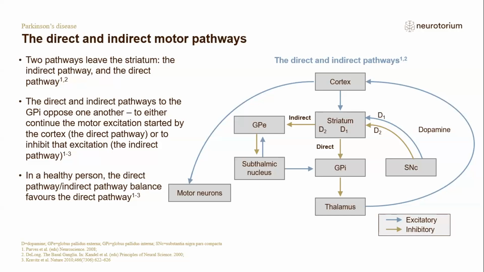Just to give you the normal physiology, in the direct pathway you have the cortex. The cortex is like the main controller, okay? It is the main controller to say, okay, you can make movement or you don't have to make movement. So there are neurons that come from the cortex, which are usually excitatory with the main neurotransmitter, glutamate.